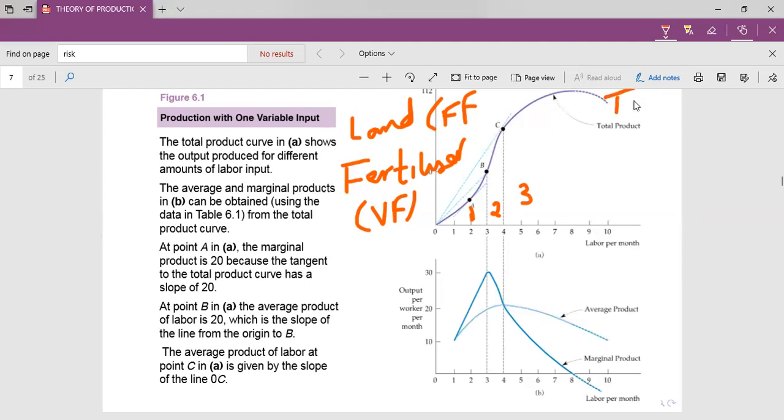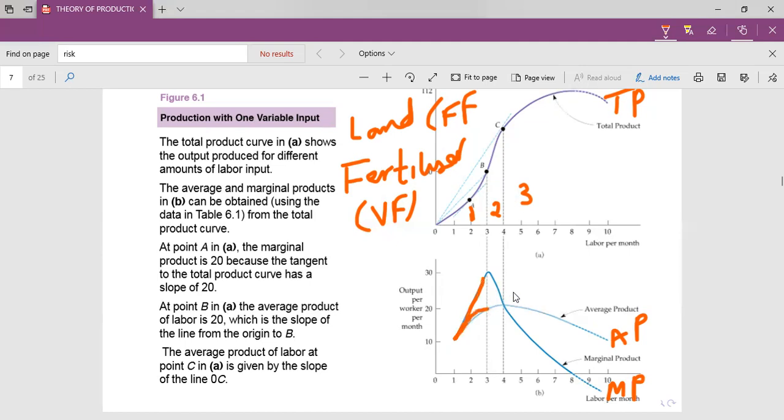At that stage, the total product curve will be increasing at an increasing rate. And here also we have the average product curve and the marginal product curve. I believe we know what average product and marginal product mean, right? So at stage 1, the average product curve and the marginal product curve will also be increasing.